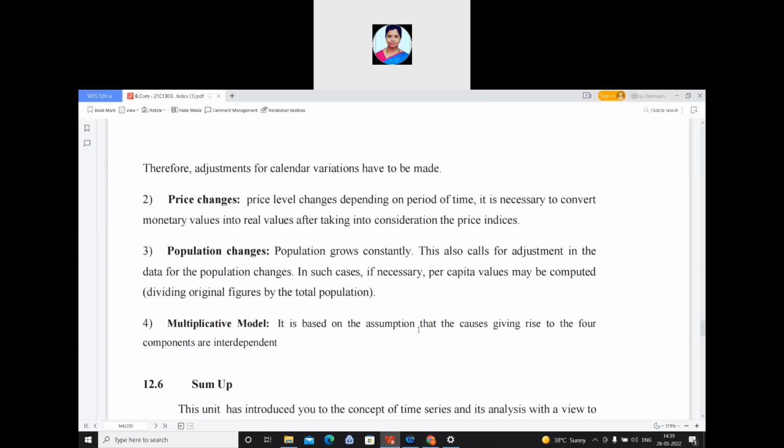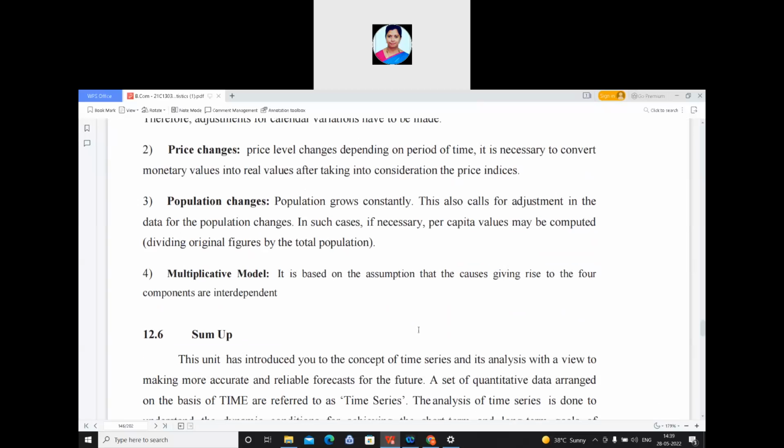So now we sum up what we have seen. This unit has introduced you to the concept of time series analysis.